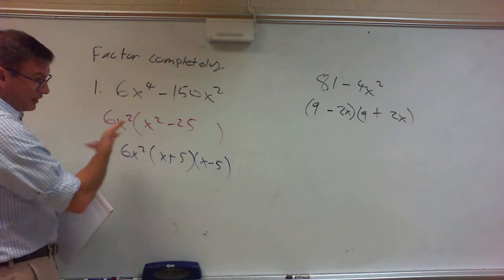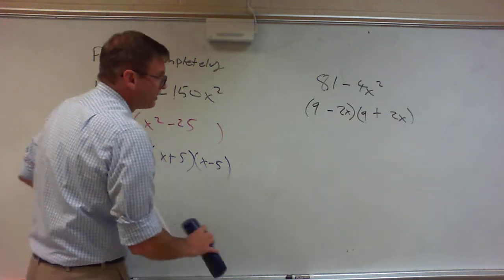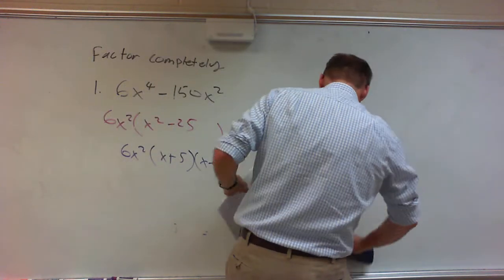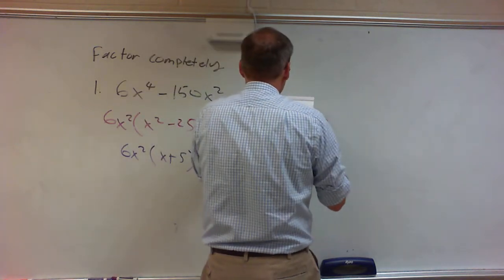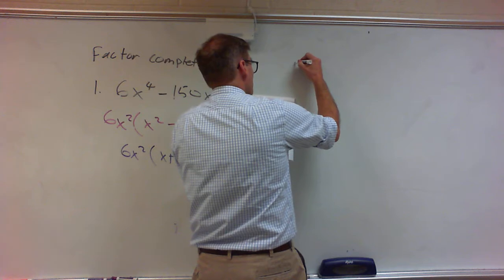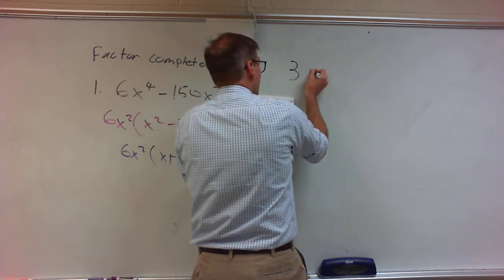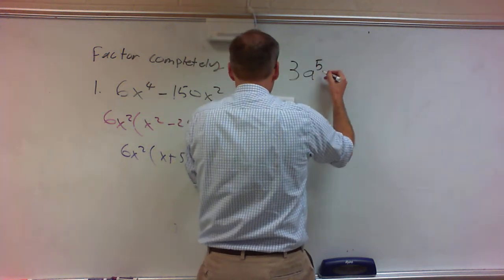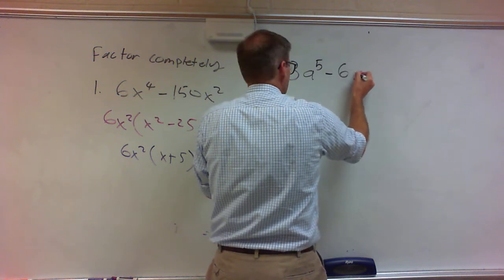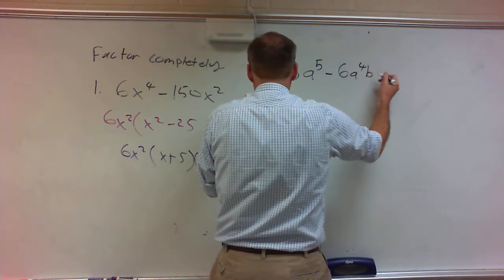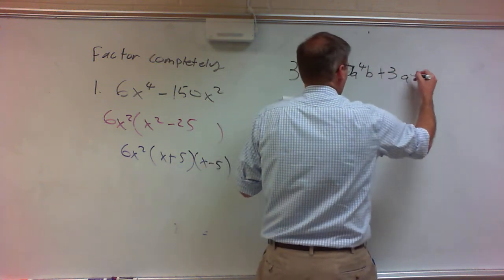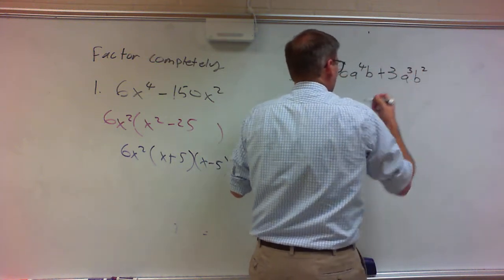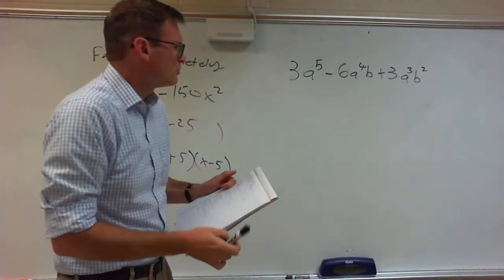So that's one example. Let's look at a slightly uglier example. Let's do 3a to the fifth minus 6a to the fourth b, plus 3a cubed b squared. I'll give you some time.